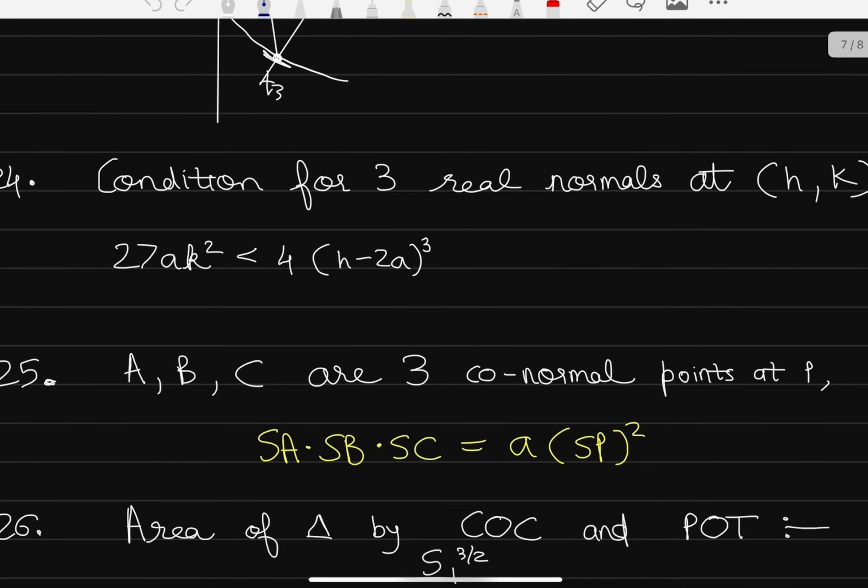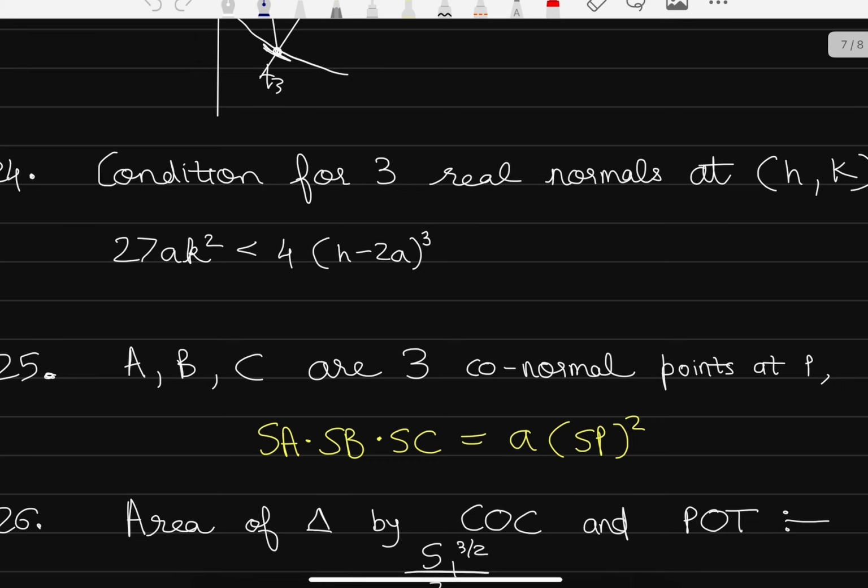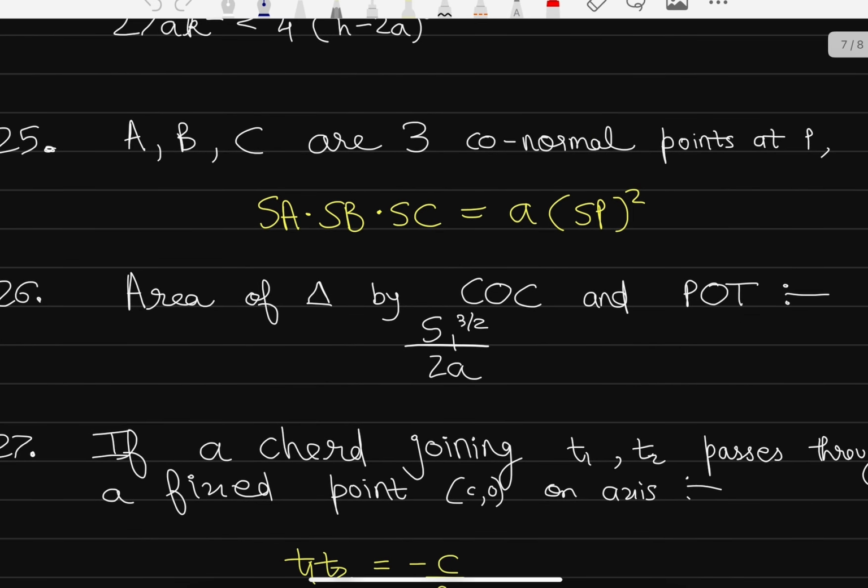Next property, the condition for 3 real normals at a point (h, k). This is a necessary as well as sufficient condition: 27 a k squared less than 4 (h minus 2a) whole cube. Next property, A, B, C are 3 conormal points at P. So SA times SB times SC equals a times SP squared. Next property, the area of the triangle formed by the chord of contact and pair of tangents.